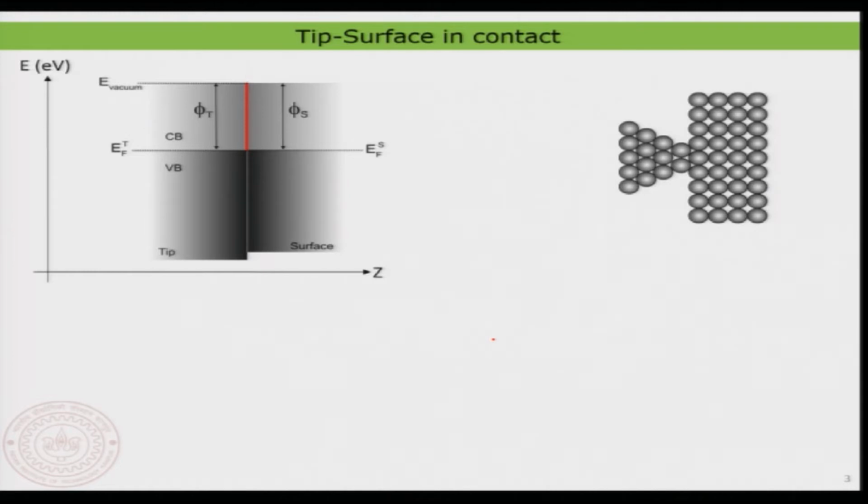So, we do not need to bother about the tunneling probability, or worry about the barrier or distances or anything like that. The contribution due to the tunneling probability just vanishes. That means the entire current is directly dependent on the number of electrons available at the tip and in the surface.